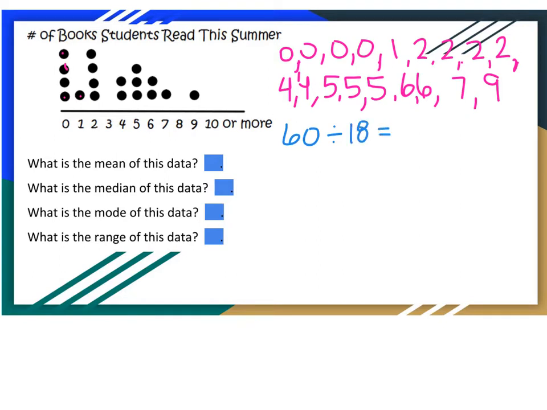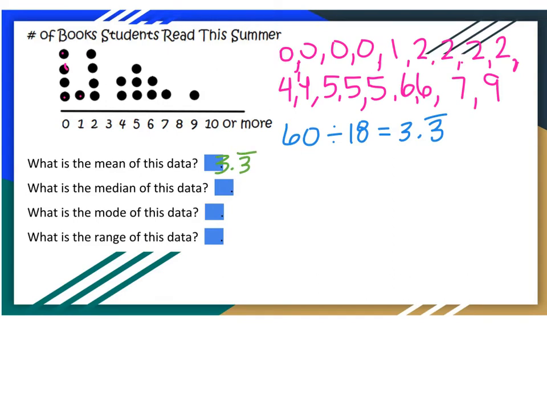So go ahead and take a second with your calculator and figure out what that is. And I am getting 3.3 repeated. It doesn't say anything about rounding or anything, so I am just going to leave that as 3.3 repeated.